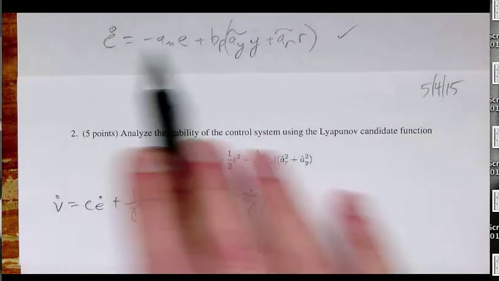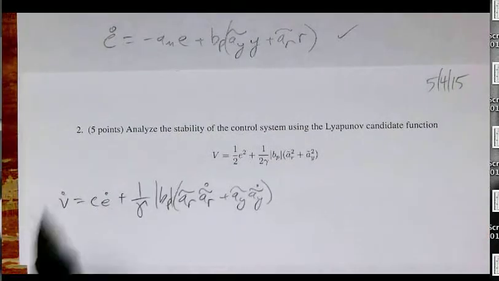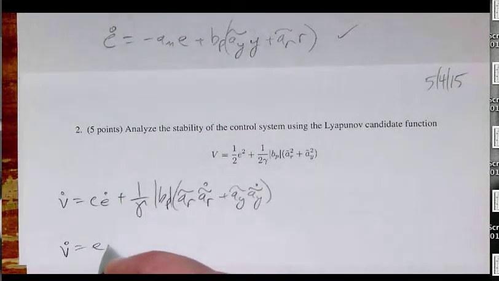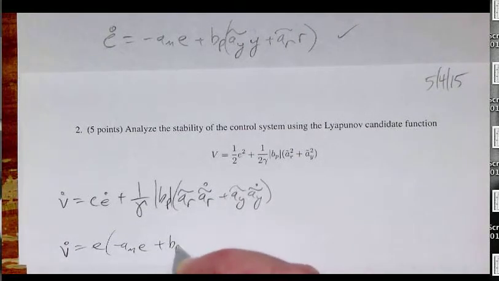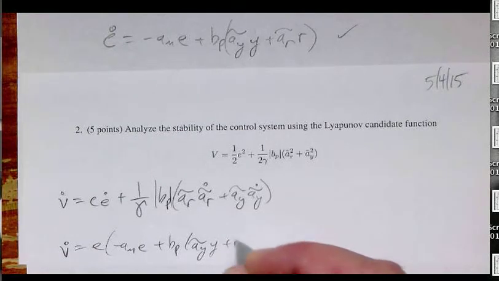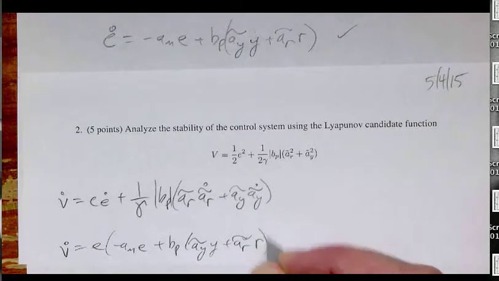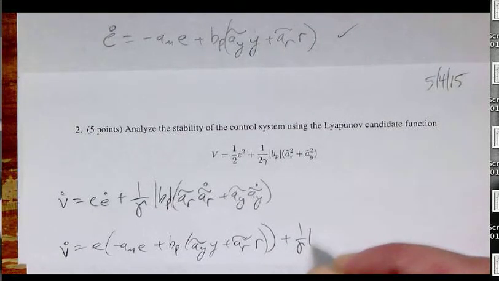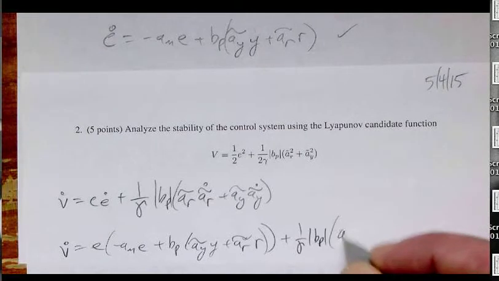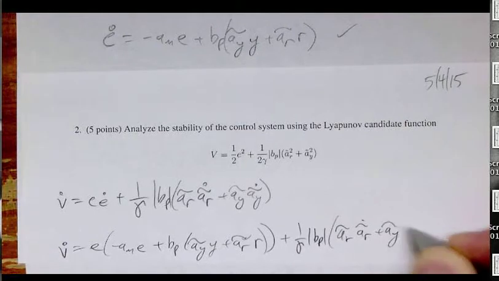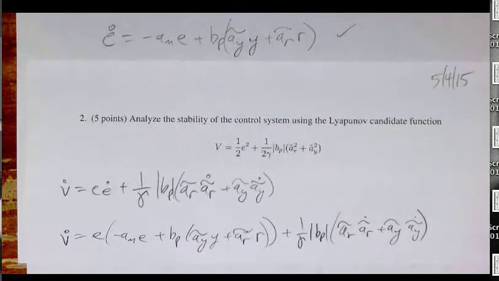And so if we take this expression for E dot and substitute it in here, we get that V dot is equal to E times a negative AM E plus BP times AY tilde Y plus AR tilde R, and then plus the 1 over gamma magnitude BP times AR tilde dot plus AY tilde dot.